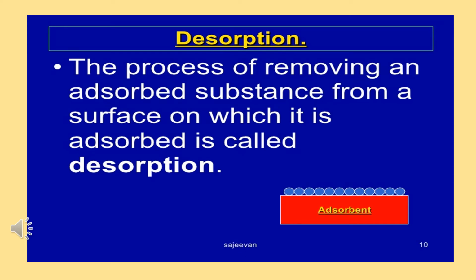This process of removing adsorbed substance from the surface on which it is adsorbed is called desorption. Desorption and adsorption are quite opposite. Desorption is the process of removing the adsorbed substance and adsorption is the accumulation of substance. So, adsorption, desorption. Okay, students?